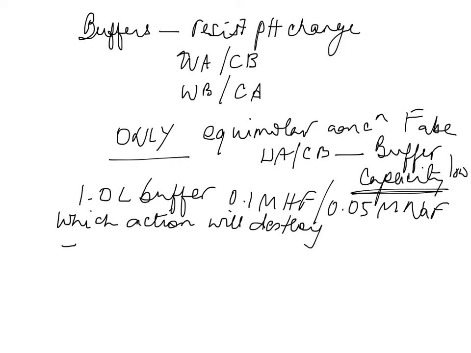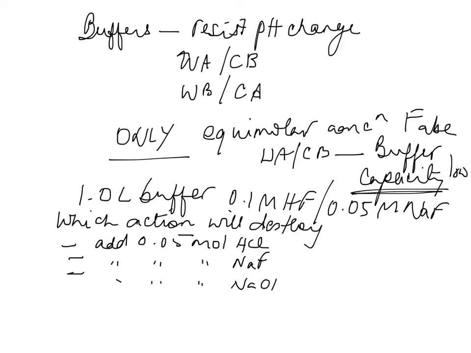And the choices are, if you add 0.05 moles of HCl, or would it be destroyed if you add 0.05 moles of sodium fluoride? The third one is if you add 0.05 moles of sodium hydroxide, and none of the above.